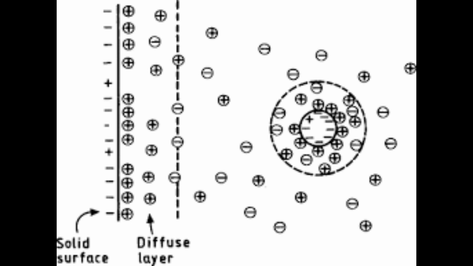This buildup of positive charge creates an imbalance, triggering the formation of a second layer of negatively charged ions just behind the first to neutralize the system. This combination of two closely packed layers of opposite charges, one on the surface and one in the liquid, is known as the electrical double layer.